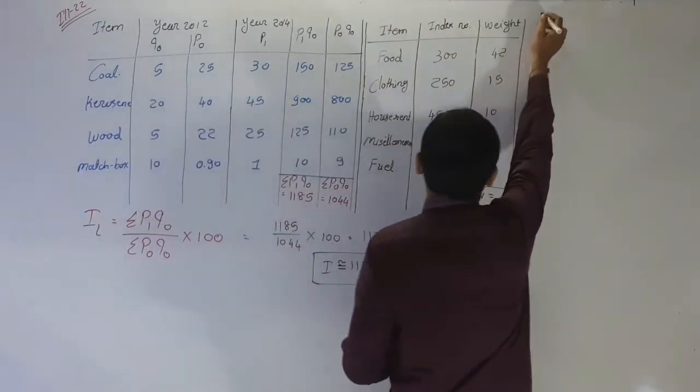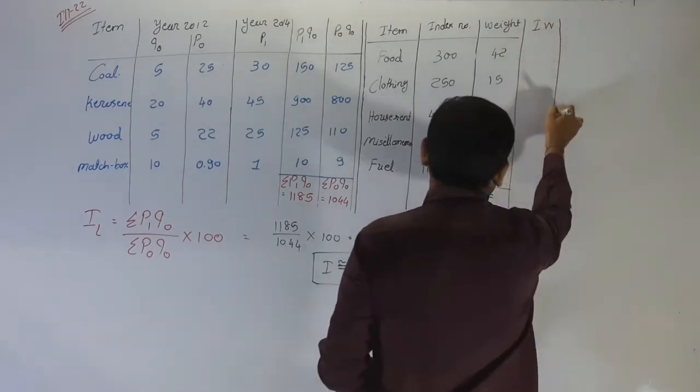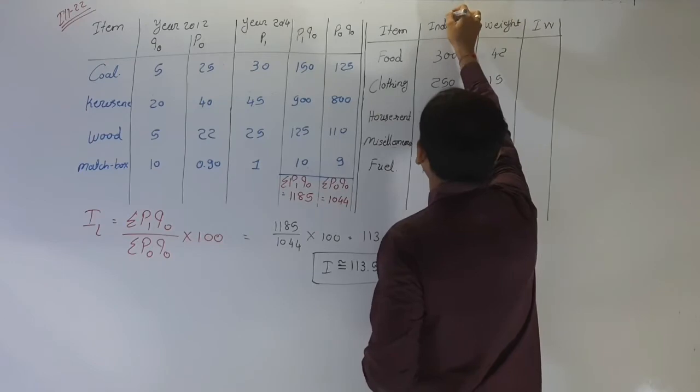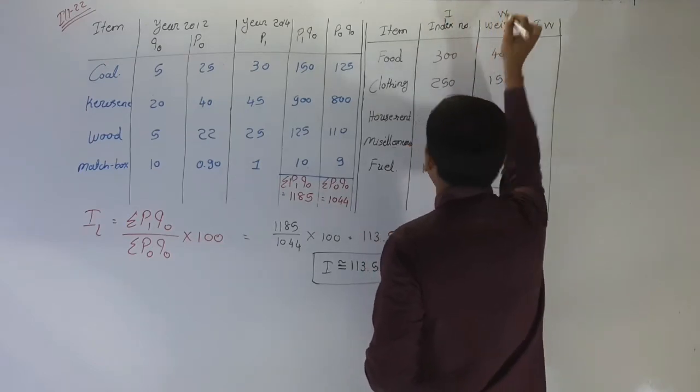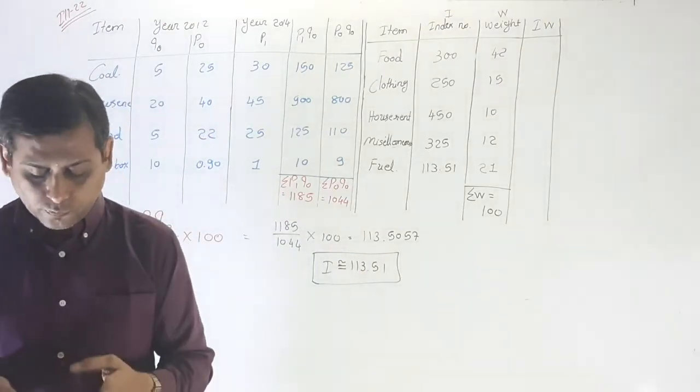So we can find the next column, that is IW. This one is your I, this one is your W. You just have to multiply these two.